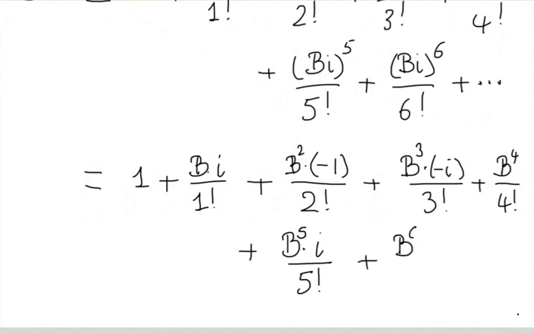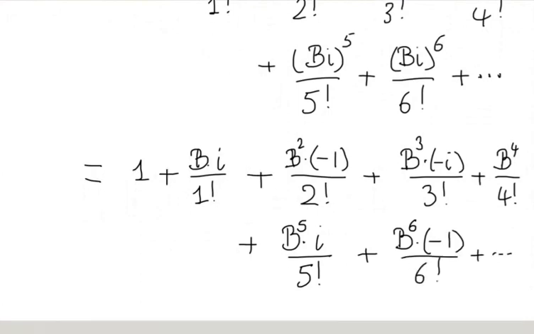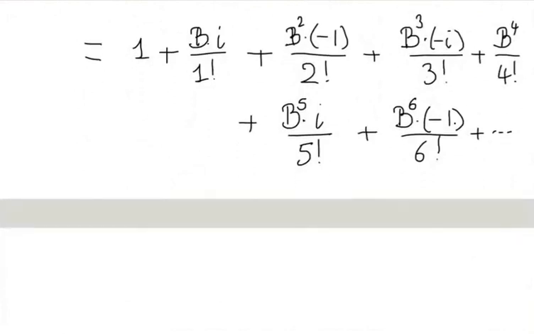And b to the 6th, i to the 6th is -1, etc. So after simplifying as above, in the series we have terms without i and terms with i. So terms without i are these.